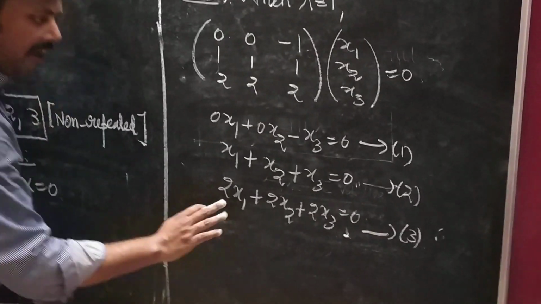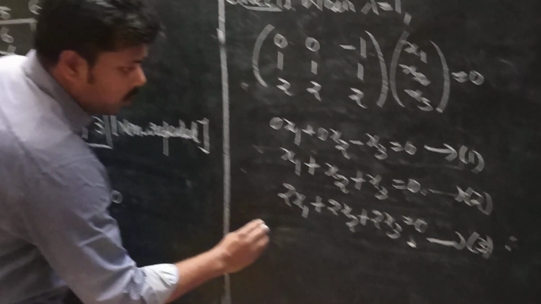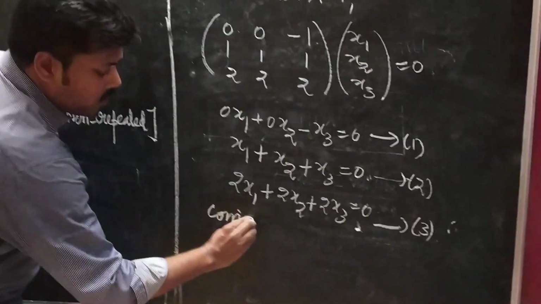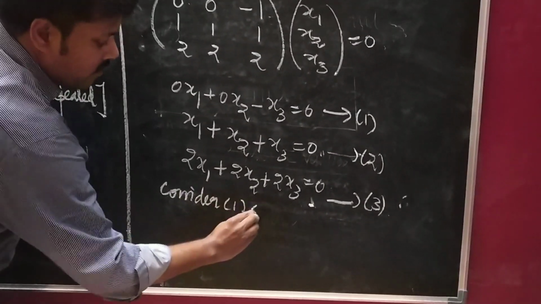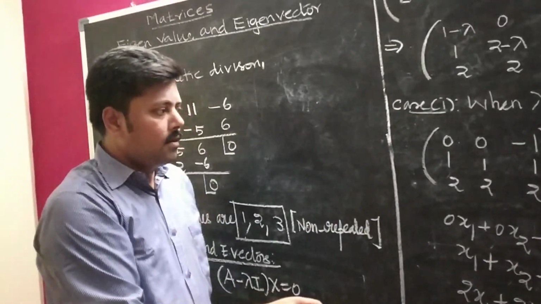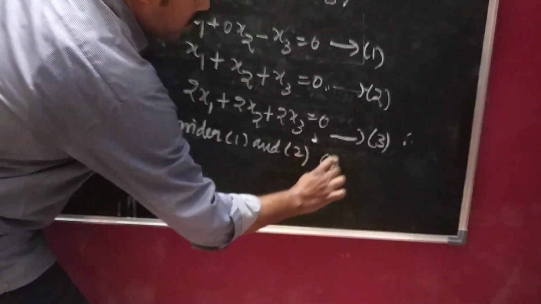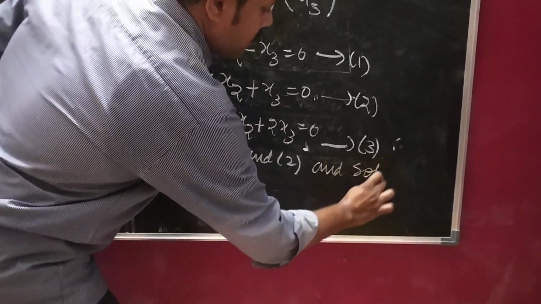So consider any two different equations and solve by the cross multiplication rule. So consider equation 1 and 2. Why do we consider equation 1 and 2? Because equation 2 and 3 are the same, right? So consider equation 1 and 2 and solve by the cross multiplication rule.